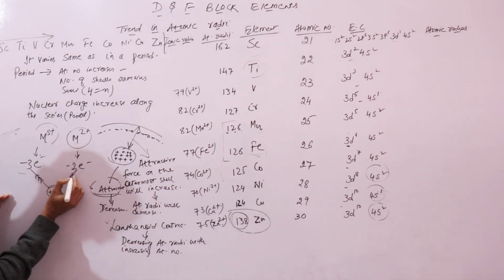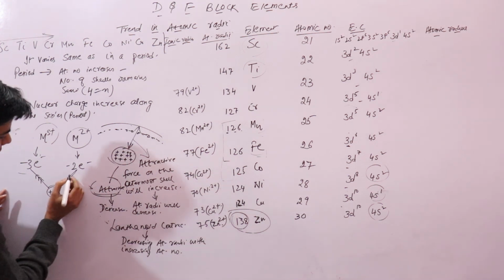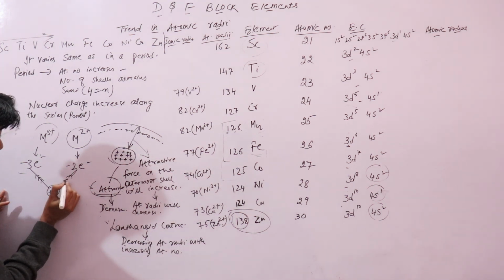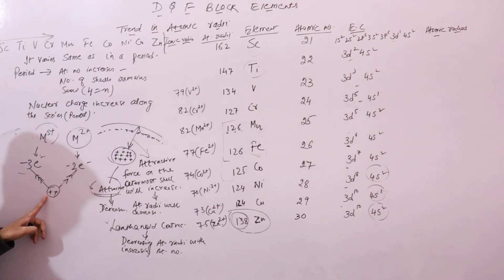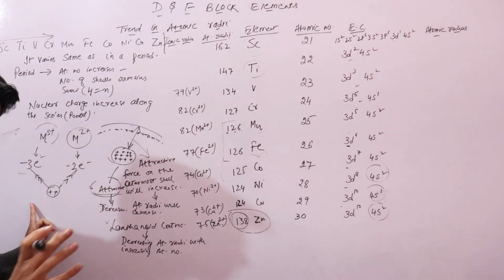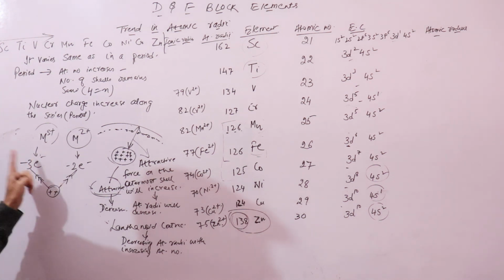Here, when you have removed fewer electrons, 2 electrons, the force would be less on the remaining electrons. Since you have fewer electrons, the same force acts on them, so the force on the remaining electrons increases.